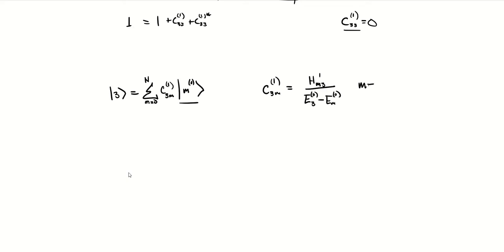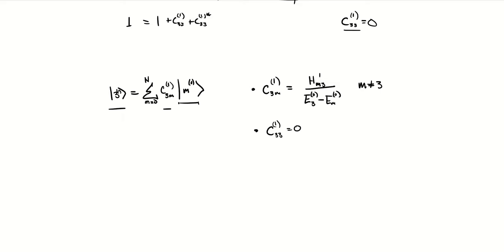And that's for m not equal to 3, and we know the 3 state is equal to 0. So we have all the terms in this expansion. We have our first order correction, sorry, there should be a 1 there, to our energy eigenstate.